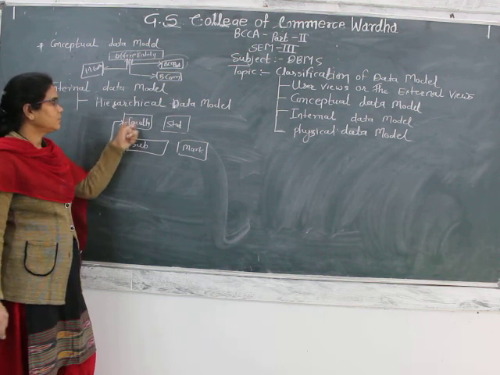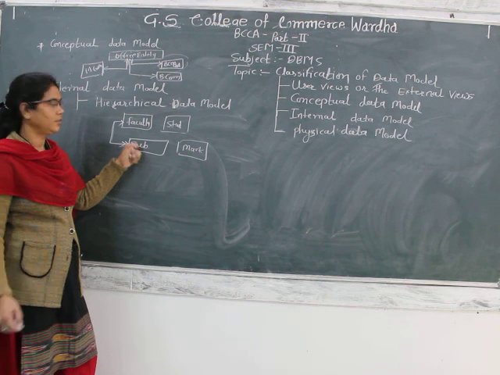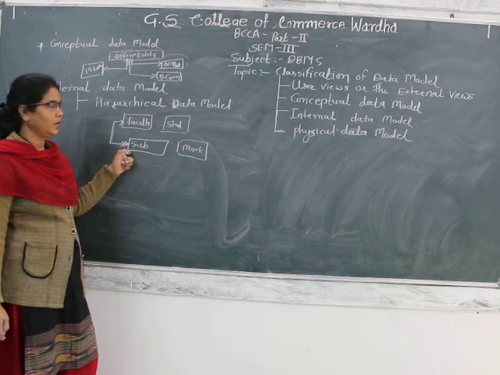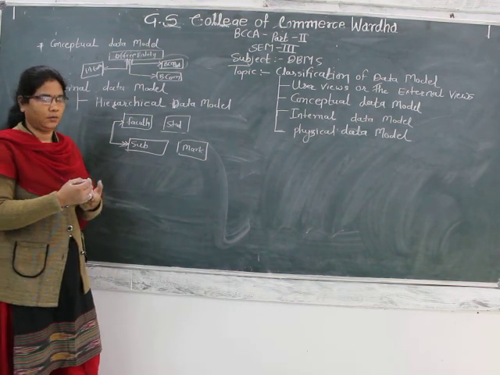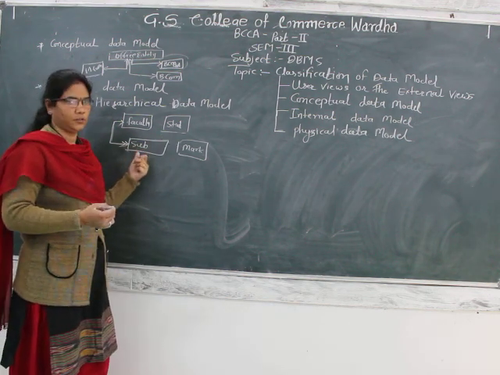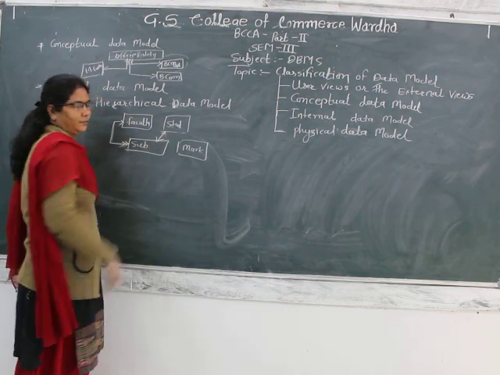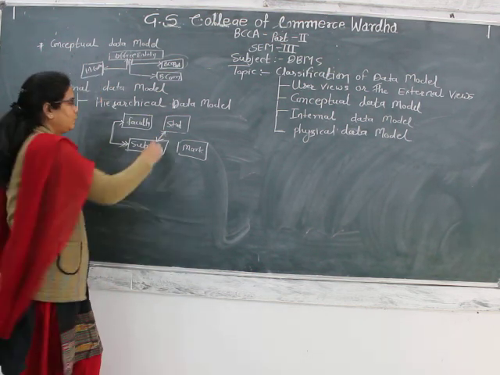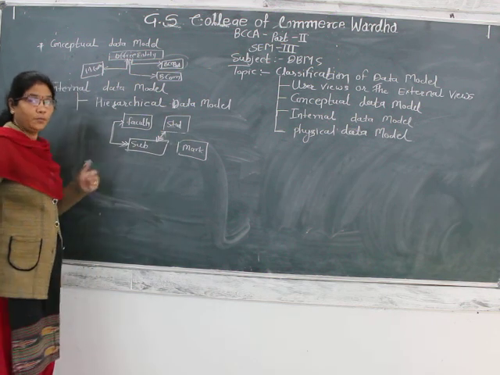So the relationship between the faculty and subject should be 1:many. Okay, but when we consider the subject and the student information, again it is 1:many. Okay, 1:many means one student has many subjects.